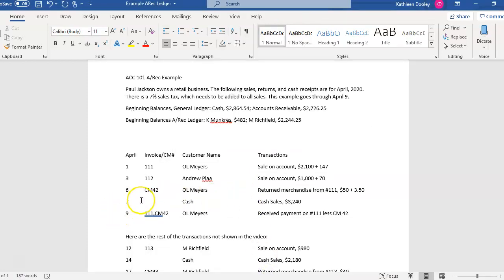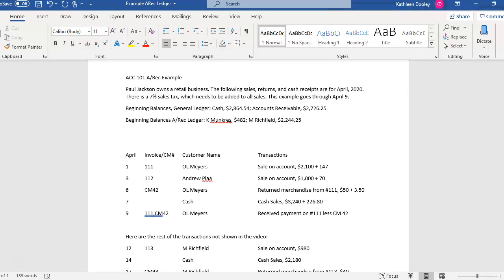Here we have on the 7th, cash sales of $32.40. Okay, now just because it's cash sales doesn't mean it doesn't have sales tax. So I'm going to need to calculate out the sales tax. We have $32.40 times 0.07, and that's $226.80.